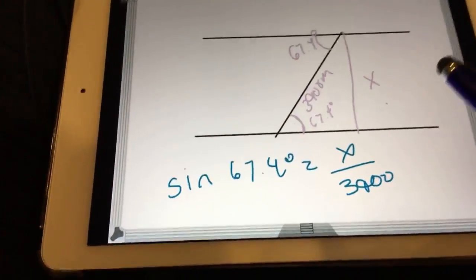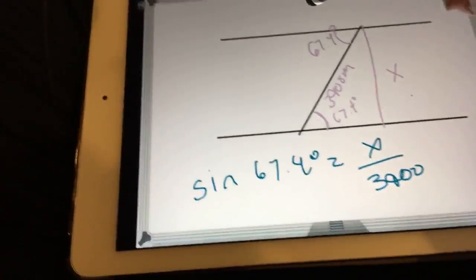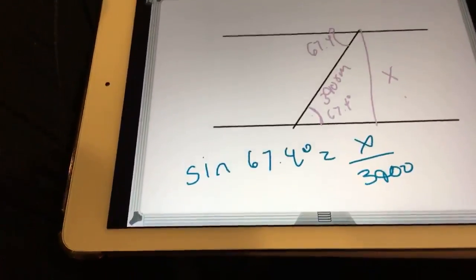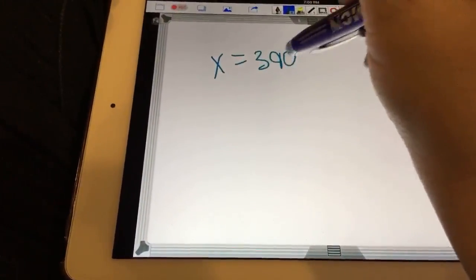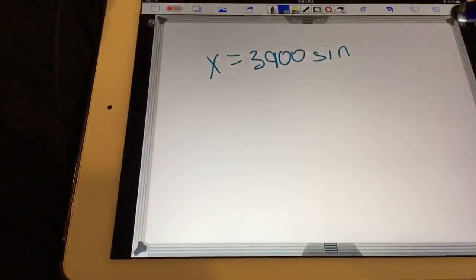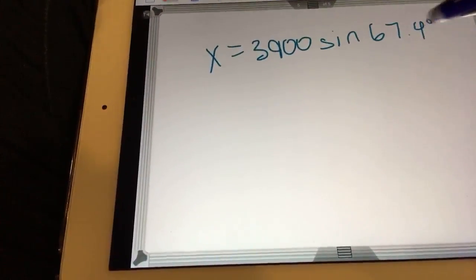I hope everybody sees why it's the sine. And then we multiply both sides by 3,900. x equals 3,900 sine of 67.4 degrees. Okay. Let me use your EOC calculator.